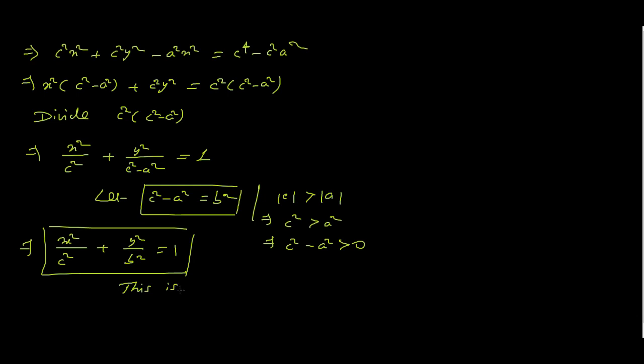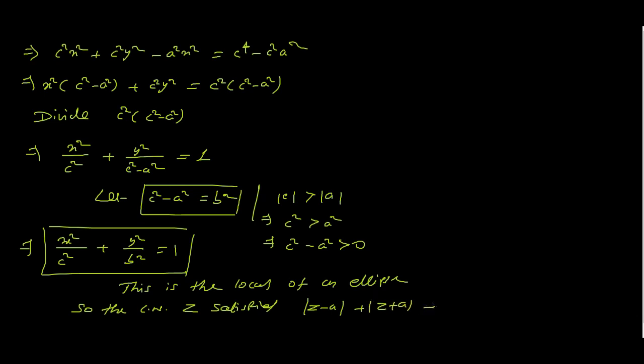This is the locus of an ellipse, and we can write at last: the complex number z satisfies modulus of z minus a plus modulus of z plus a is equal to 2c, where the condition is modulus of a is less than modulus of c.